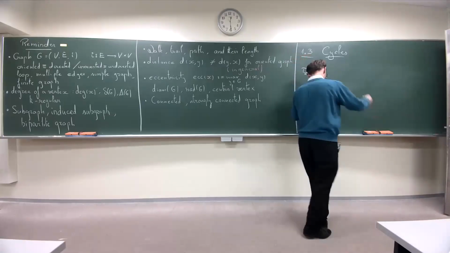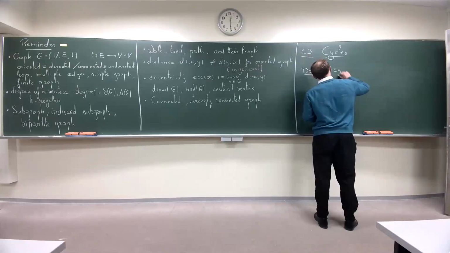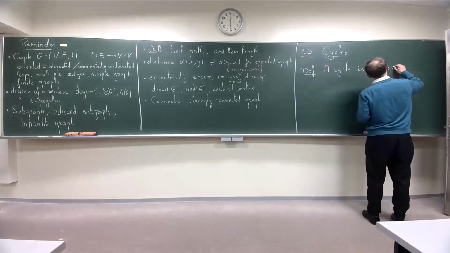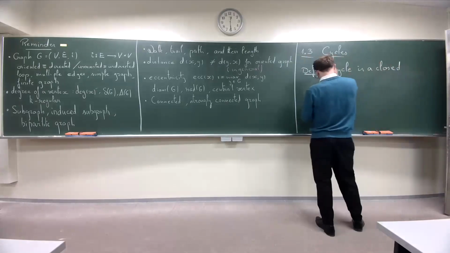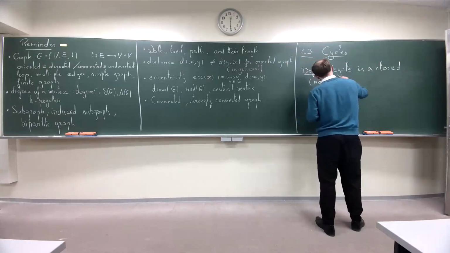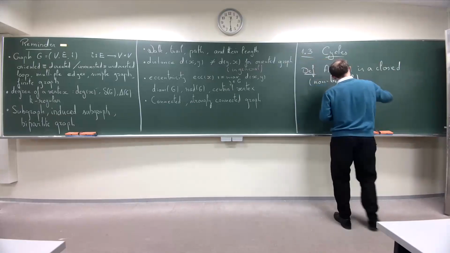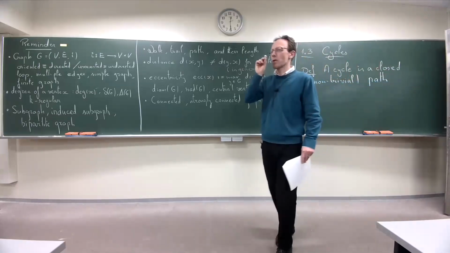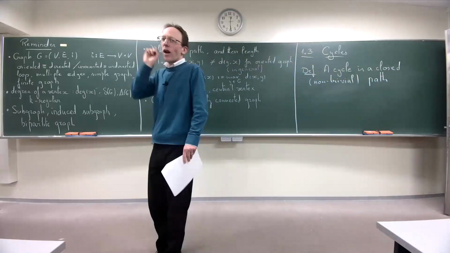So a cycle, and it's quite simple. A cycle is a closed, non-trivial path. Non-trivial because I don't want to call a cycle just 1 point.